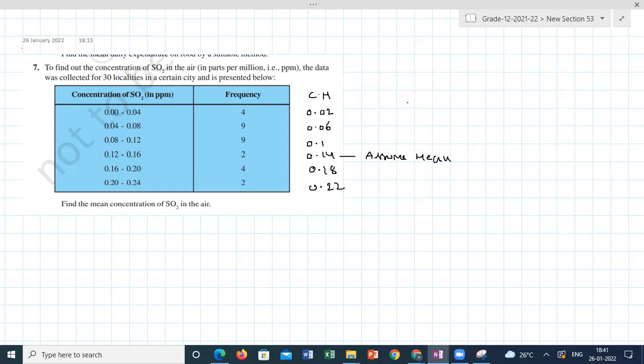If I'm taking this as the assumed mean, your di is equal to xi minus a.